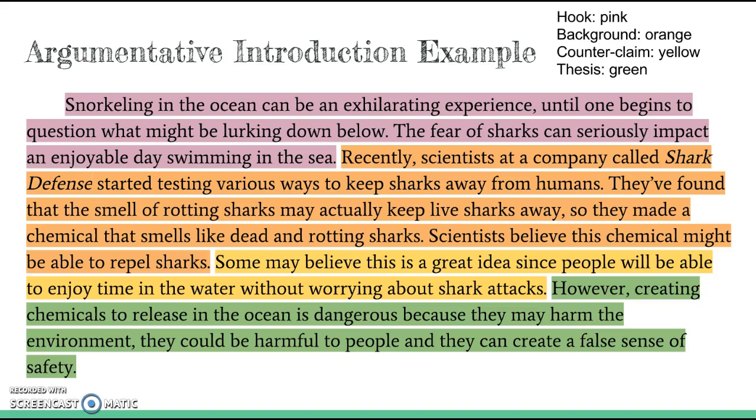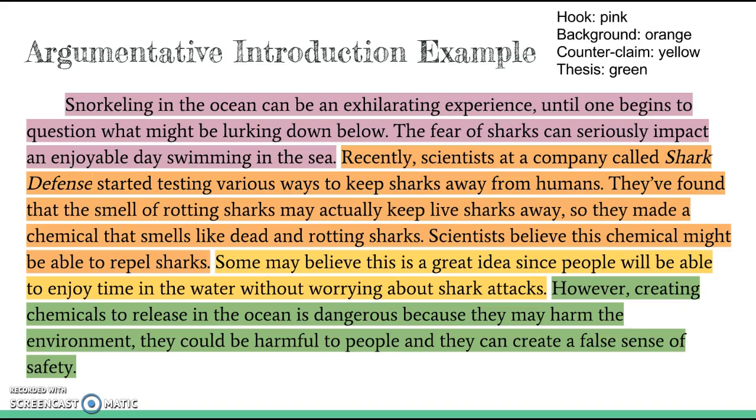I will give my reader some background information in orange. I'm going to present the counterclaim in yellow. And then in my thesis, I am going to state my stance on the issue and provide 3 reasons why I feel this way. And again, that's what I would base my body paragraphs on.